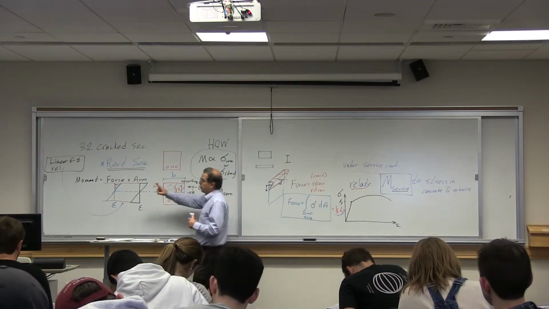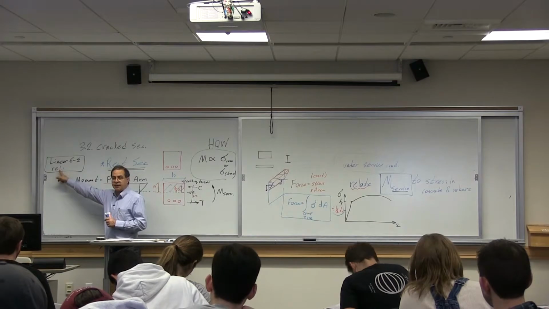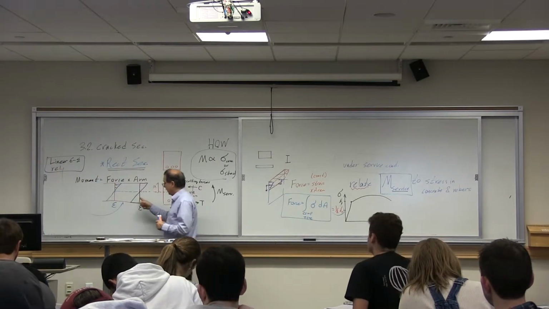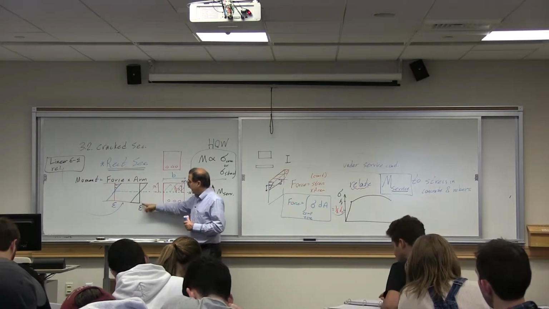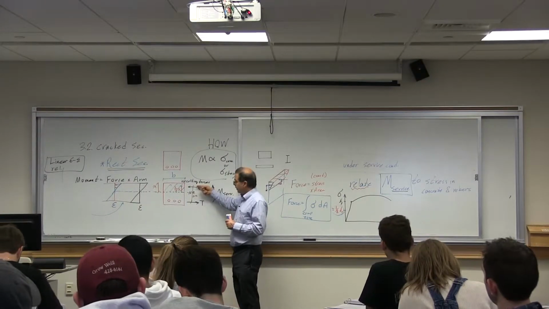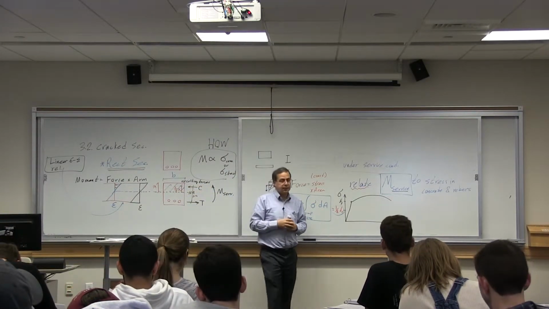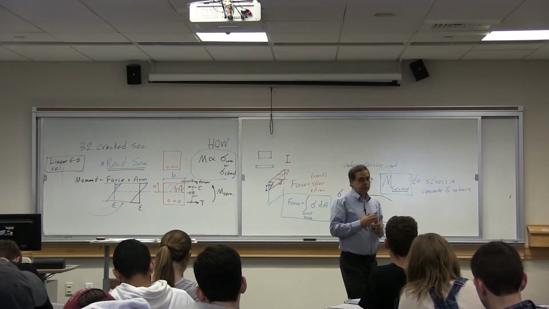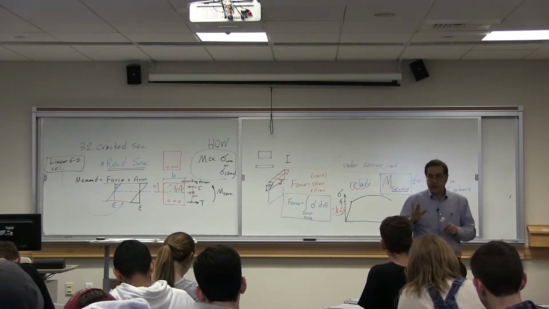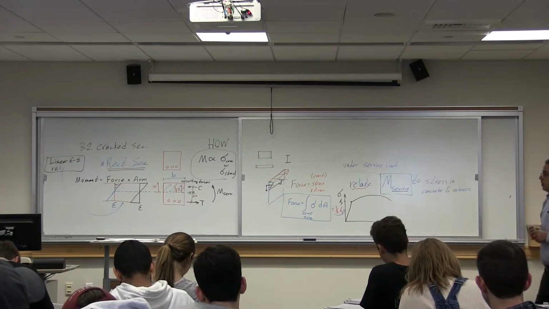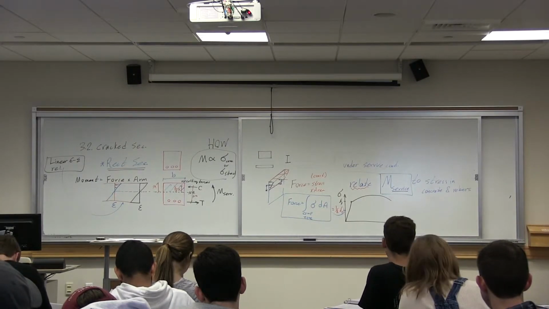If material properties are linear, which we assume, then the resulting force is at 2/3 of x from the neutral axis. So don't forget the constraint. It's not general. For this case, that's the condition that we have.